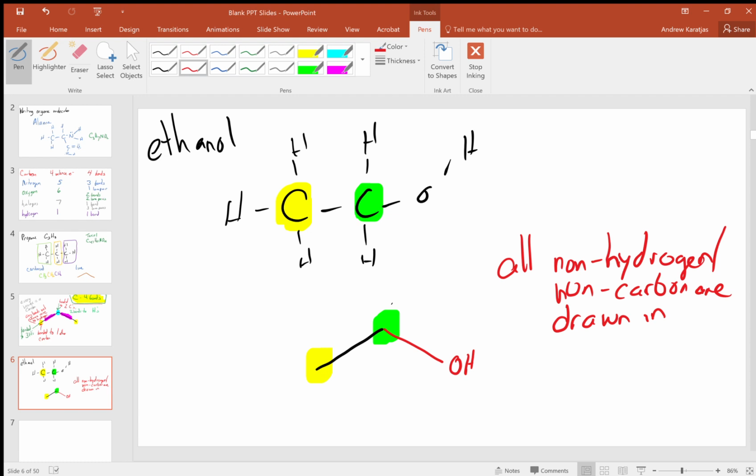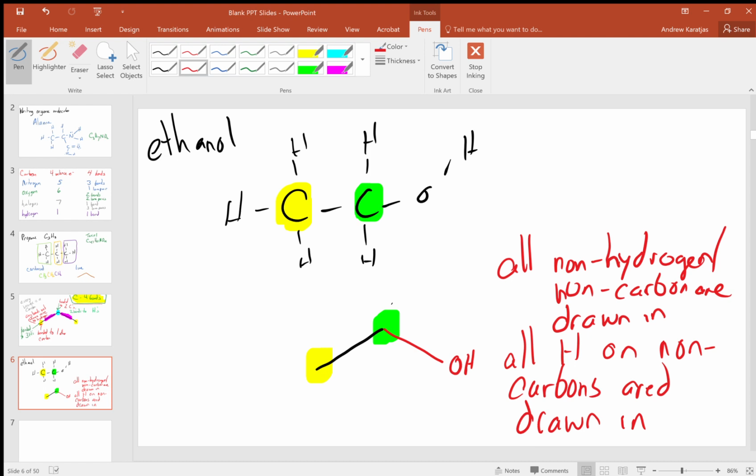And the same thing is true for nitrogen. Finally, all hydrogens on non-carbons are drawn in.